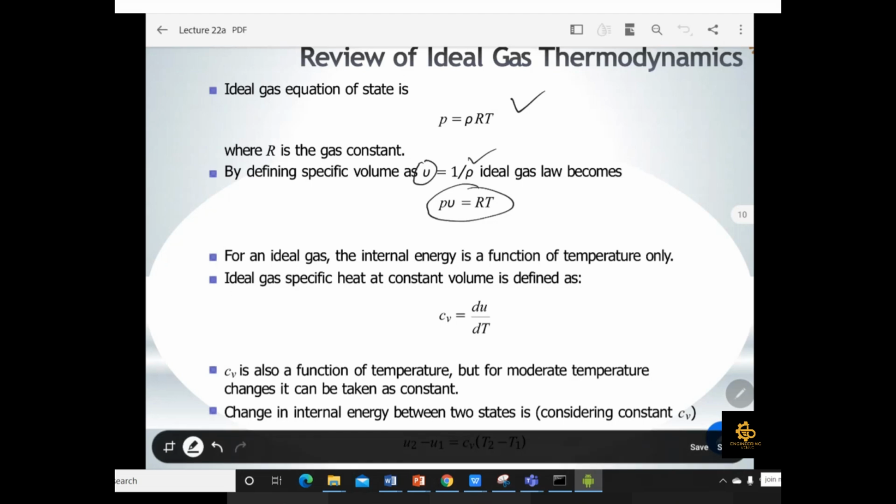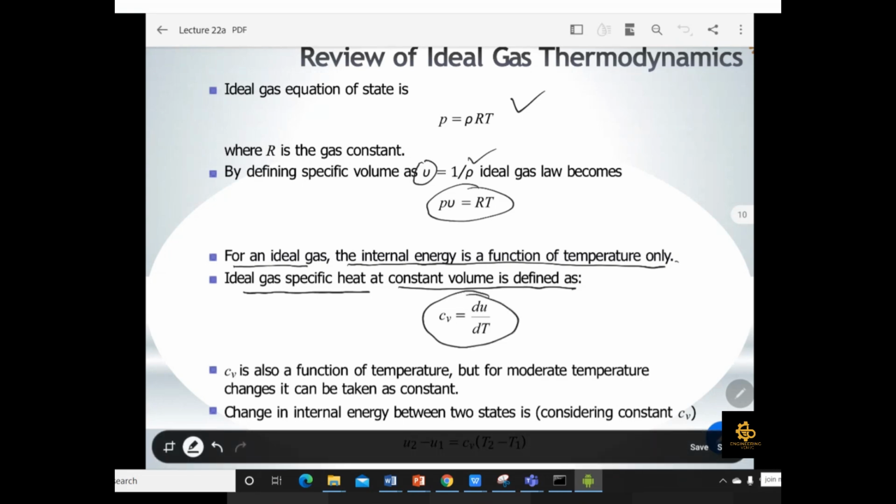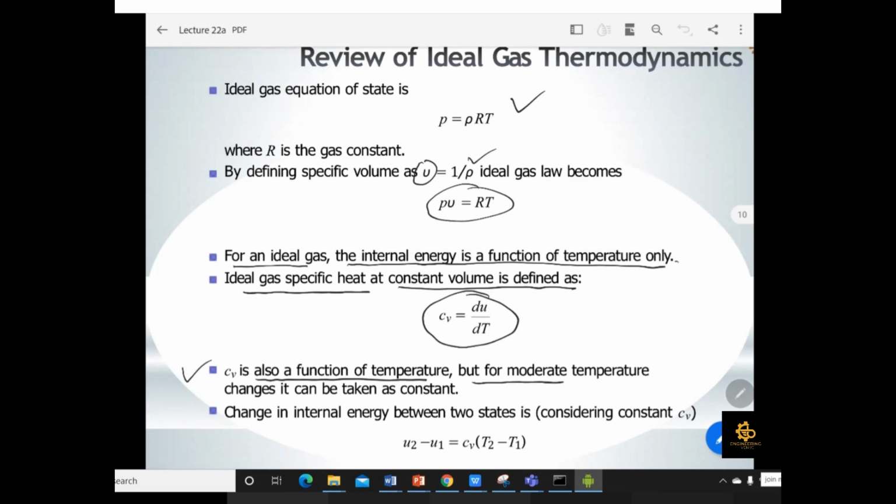For an ideal gas, the internal energy is a function of temperature only, and the ideal gas specific heat at constant volume is defined as Cv equals du by dT. This relation you already studied in previous classes: the change in internal energy is equal to Cv delta T. Cv is basically a function of temperature, but for moderate temperature changes it can be taken as constant.